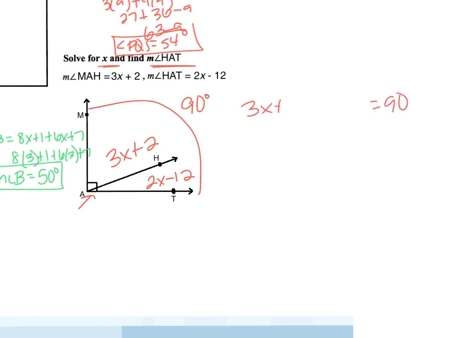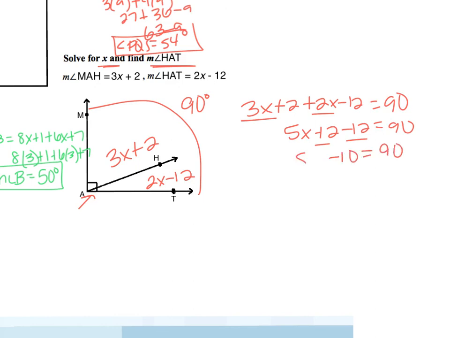If they total 90 degrees, we're just going to have to add them together. We've got 3x plus 2 plus 2x minus 12. Combine like terms, you have 5x plus 2 minus 12, that would be negative 10. So 5x minus 10 equals 90. Add 10 to both sides. We have 5x equals 100.